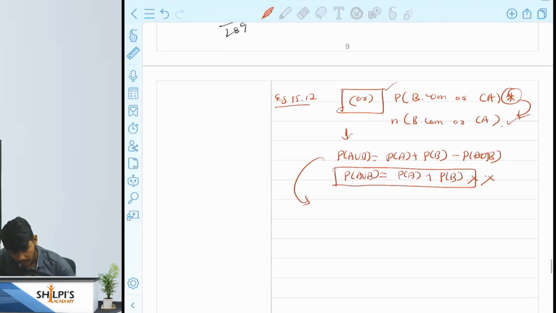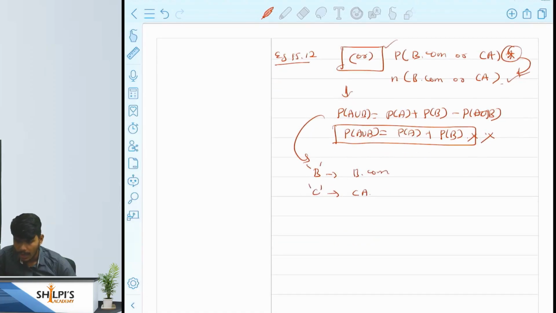So we will use this formula. I am going to use the event B for BCom, and this event C for CA. So having a BCom degree, P of B, will be 0.85. Similarly, having a CA degree, P of C, is 0.30, and having both, B intersection C.